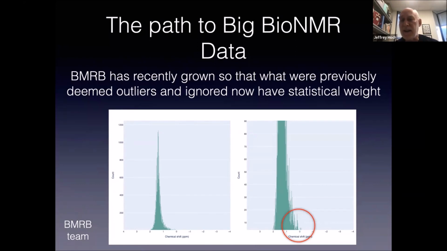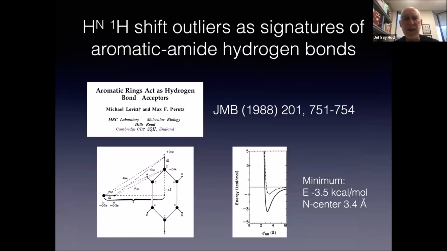We can actually start mining some of those outliers to potentially gain new insights. So there are enough of what we used to call outliers and ignore to now assign some statistical weight to surveys of investigations of what those outliers might be telling us. And I'm going to tell you just a brief story here about one such investigation.